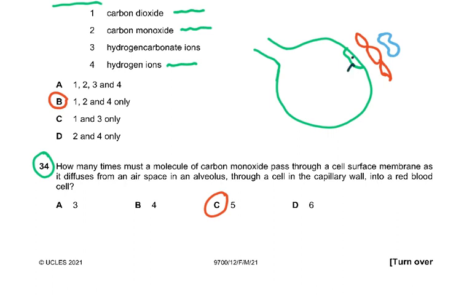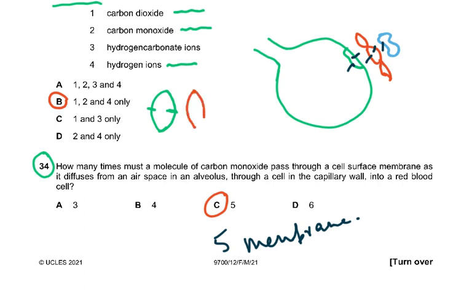One this, one this, one this, one here, and one here. So 5 membranes that it crosses. 5 times it crosses a cell membrane. Please understand that the alveolar wall, so twice in an alveolar wall. Then twice in the cell which is lining the endothelium cell, which is the capillary wall.